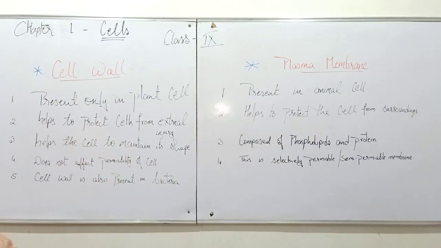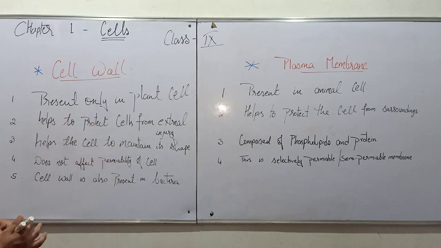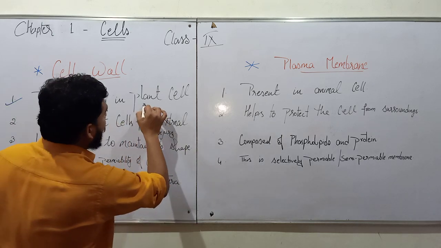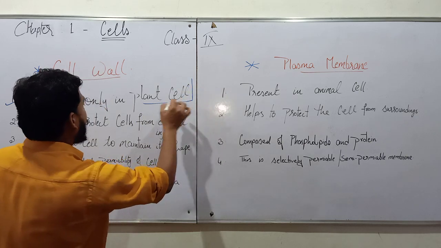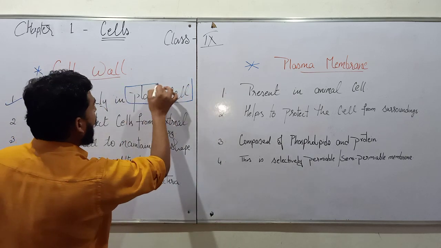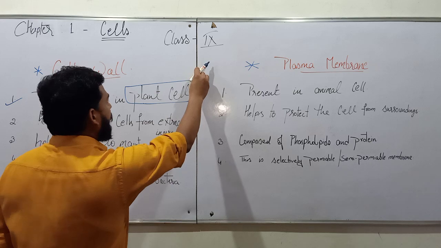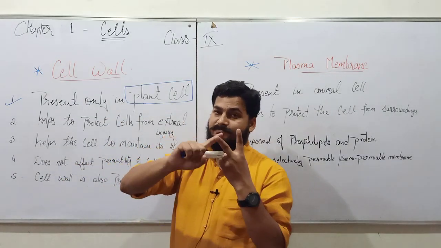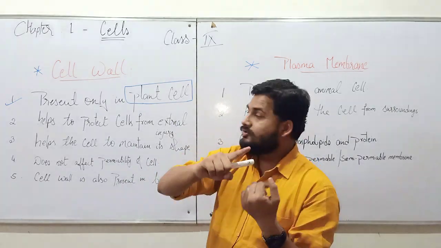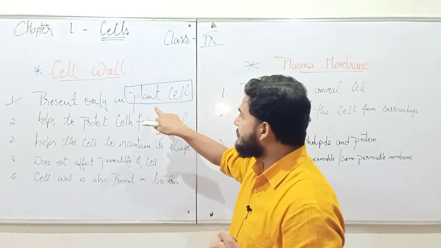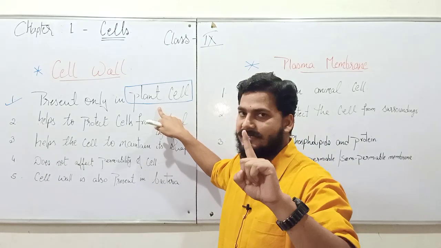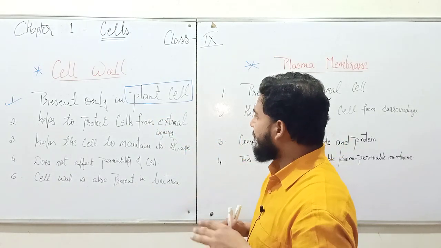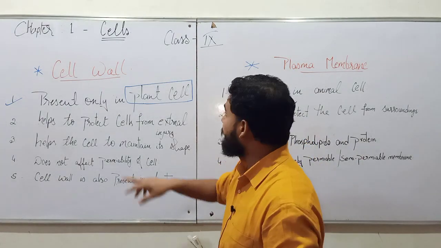Okay, so cell wall, the first point says, friends, cell wall is present in plant cell. Here you see, it's present only in plant cell. We have already talked about two types of cell, plant cell and animal cell. So this cell wall is present only in plant cell. It's not present in animal cell. The second thing it says, what does a wall do?